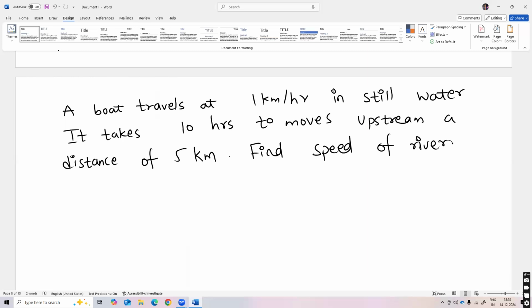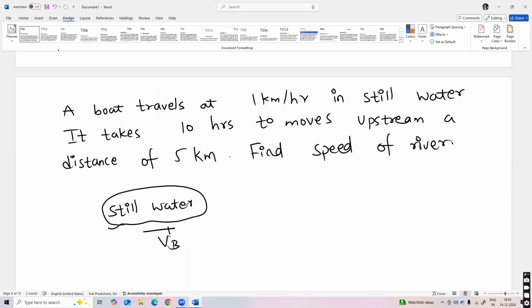When it is given that a boat travels in still water, whenever you see the speed of boat in still water, that is telling us the actual speed of the boat. So here we can write velocity of boat is equal to 1 kilometer per hour.